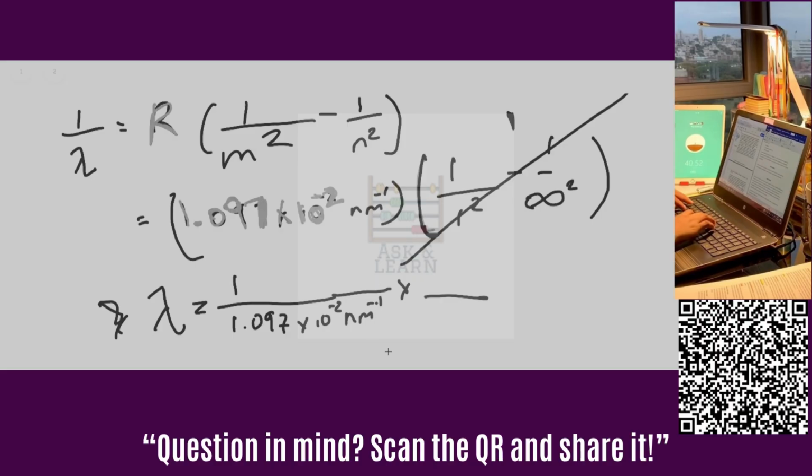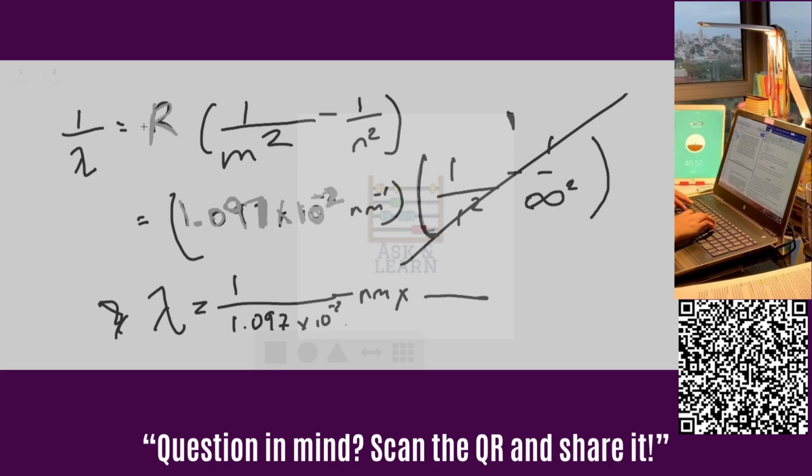This whole thing is going to become nanometer, so you can just write it as nanometer. Dividing by the inverse is essentially the same thing as multiplying, so I'm just going to write it up there so as not to confuse the change in unit, which is what we're going to do now.